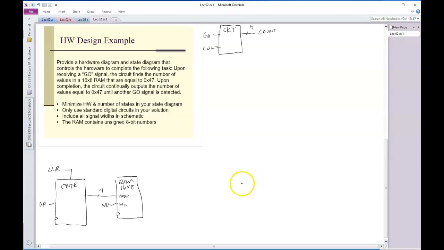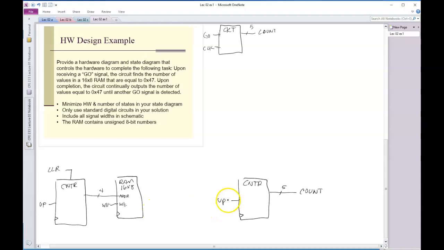So on the outside of this thing, I know I'm going to have another counter that's going to count how many occurrences of 47 there are. So that's going to be my count. And it's a clock circuit, and I'm going to be able to somehow count up on this thing.